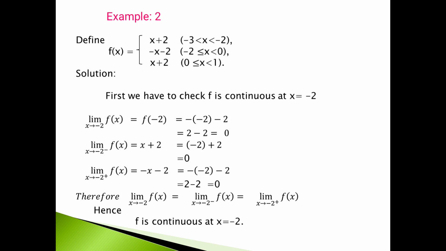So we use the second function, that is minus x minus 2, which is equal to minus of minus 2 minus 2, which is equal to 2 minus 2, which is equal to 0. So from the above three values we have the result: limit as x tends to minus 2 of f(x) is equal to limit as x tends to minus 2 minus of f(x), which is equal to limit as x tends to minus 2 plus of f(x). So we have the result: f is continuous at x equal to minus 2.